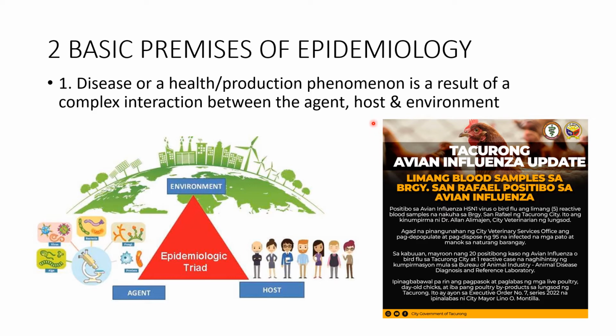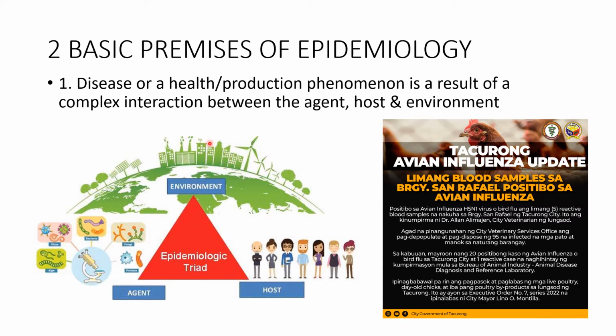I do not think so. If we put it within the lens of the interaction between the epidemiologic triad, I suppose that the agent, the AI virus, was actually introduced perhaps through the migratory birds that are frequent in the Baras Bird Sanctuary. Perhaps.